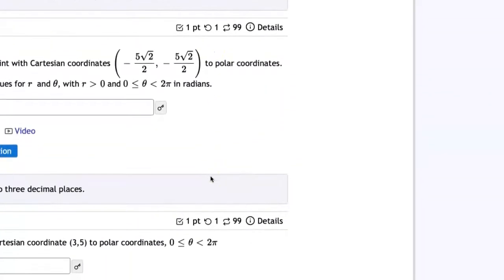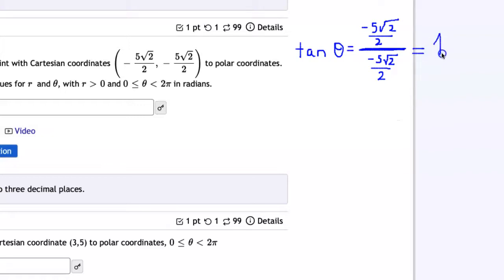In question number 3, we have these Cartesian coordinates and we need to change them to polar. So we want exact values. Let's start with observing that we are in the third quadrant, and we're going to say that the tangent of theta is equal to y over x. Of course, that reduces very nicely to a positive 1.